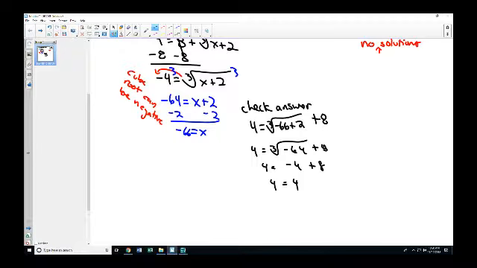Check your answer, that one works. Most odd numbered roots don't pose problems because negatives are okay. More than likely the odd numbered roots you're going to be alright. It's those even roots that cause problems.